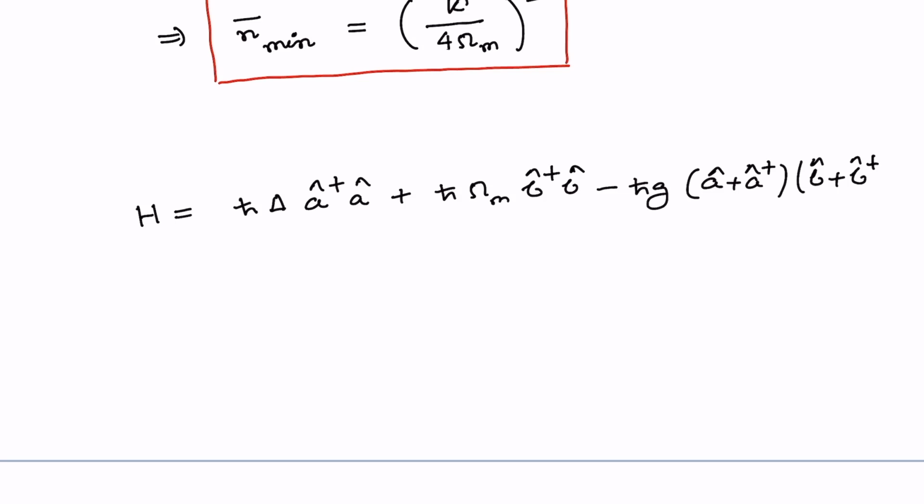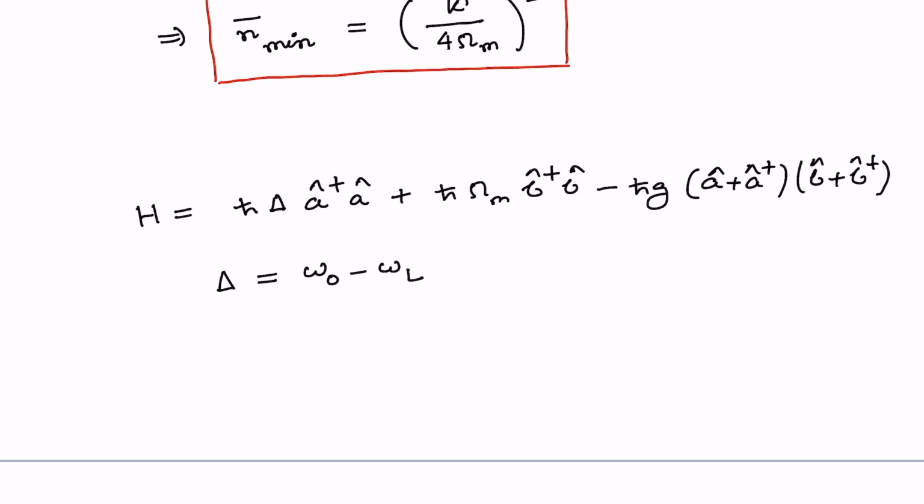This is our linearized Hamiltonian. However, this time while writing, I am not writing this minus sign, because I am now redefining my detuning parameter delta as omega 0 minus omega L. Please keep this in mind.